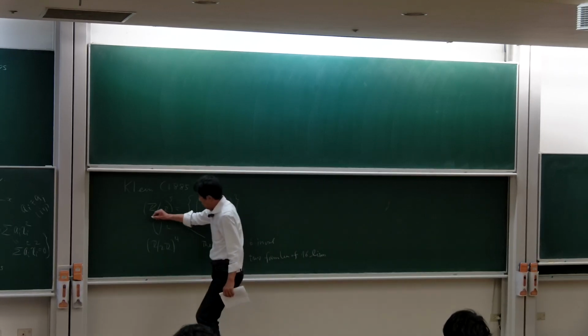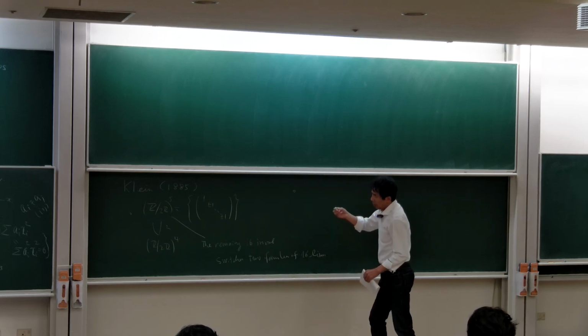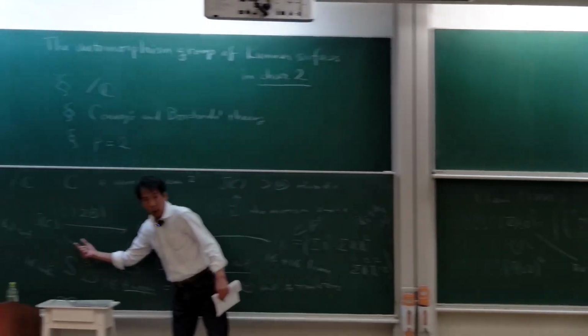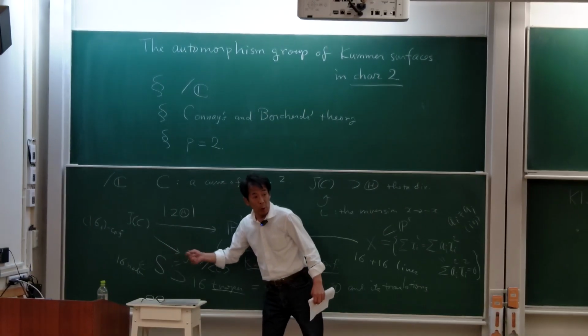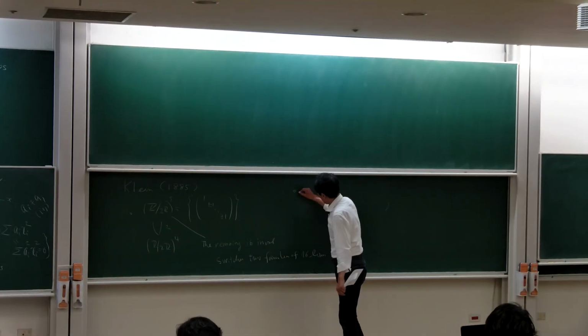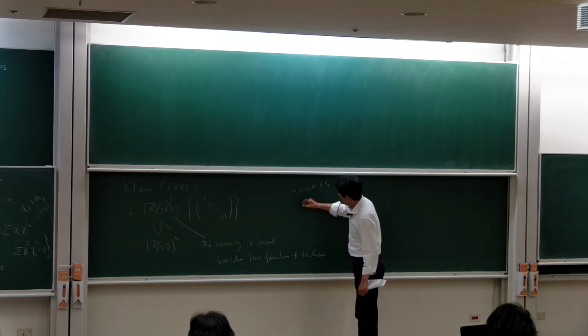Also, Klein pointed out, so we have 16 nodes, but we take a projection from a node. Okay, so we take a node on the Kummer quartic, then take a projection.